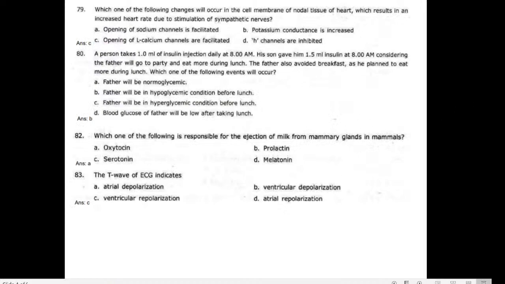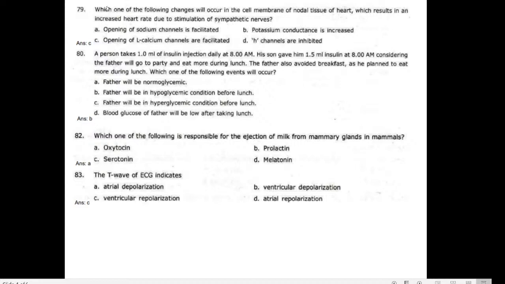Okay, next question: which one of the following changes will occur in the cell membrane of the nodal tissues of the heart, which results in an increased heart rate due to stimulation of sympathetic nerves?